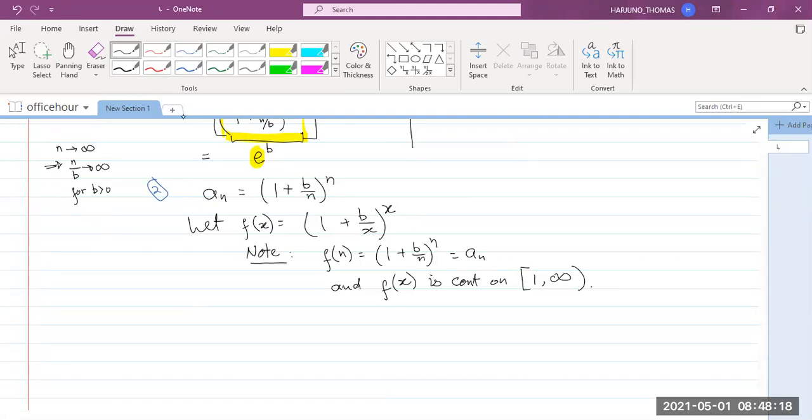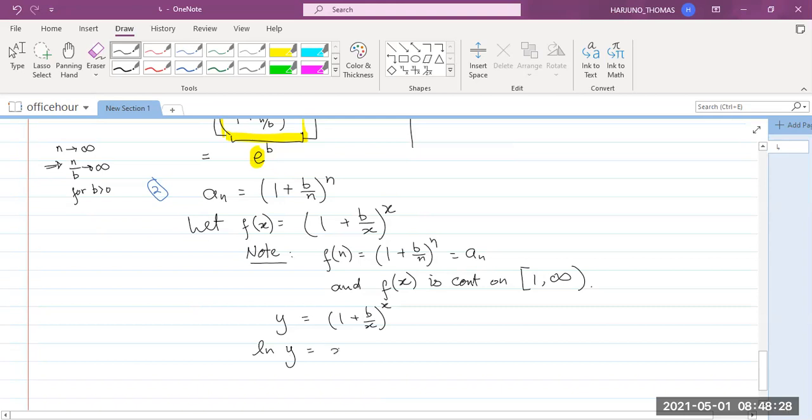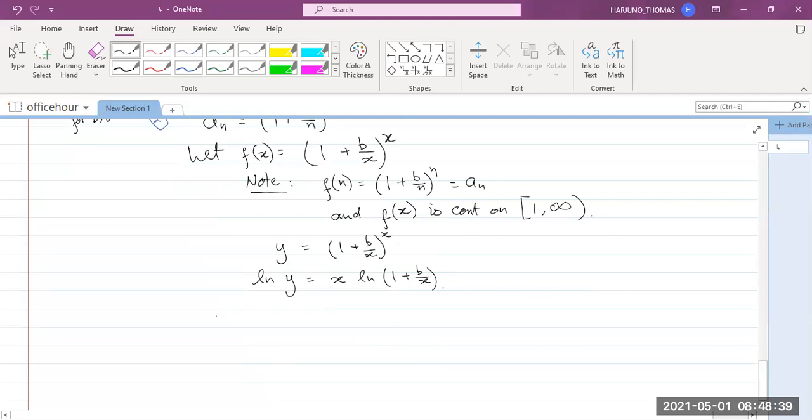Now call that y equals that and apply natural log. Then apply limit. Limit as x goes to infinity of natural log of y equals limit as x goes to infinity of x ln of 1 plus b over x.